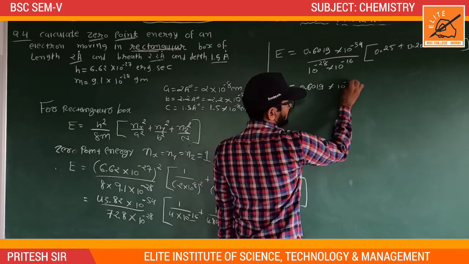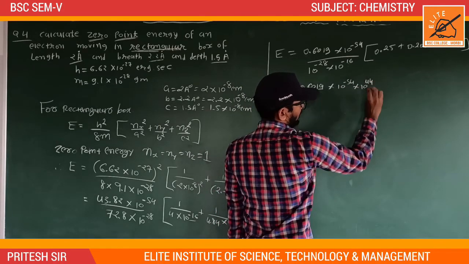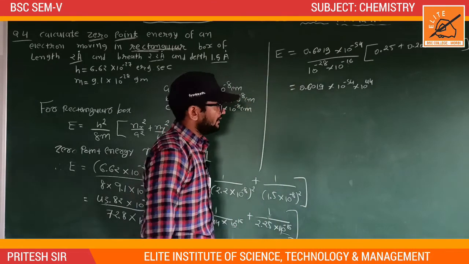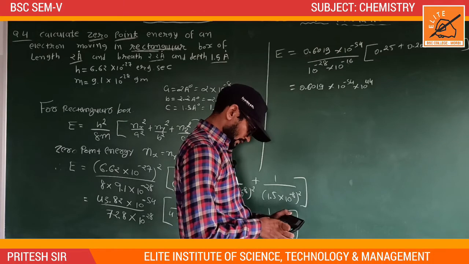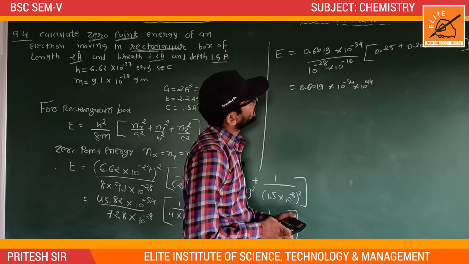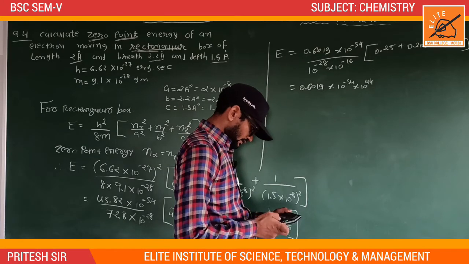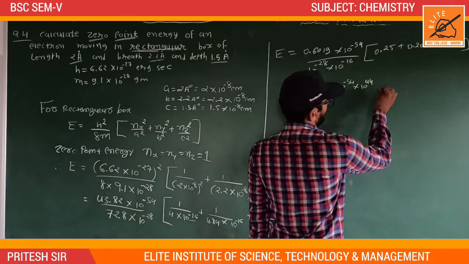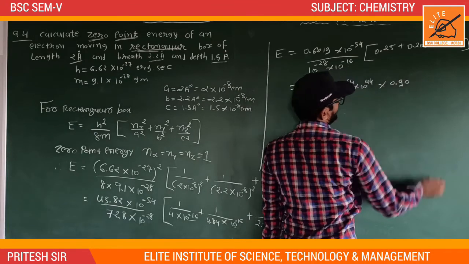It means 10 to the power minus 54 into 10 to the power 44. Okay, and the value of 0.25 plus 0.2066 plus 0.44 is equal to 0.90.